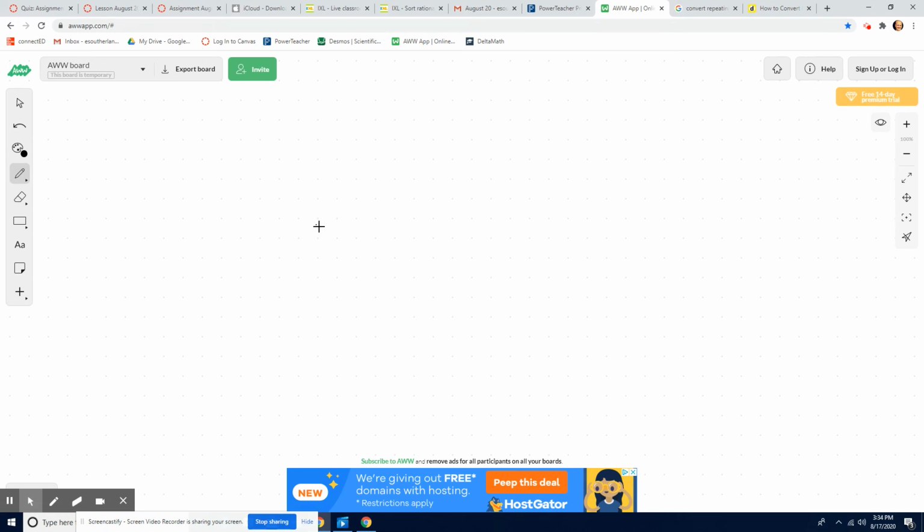So it says convert 0.123 repeating, sorry about the bad handwriting.